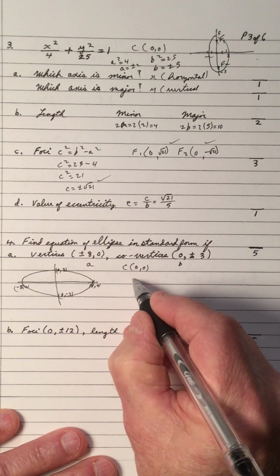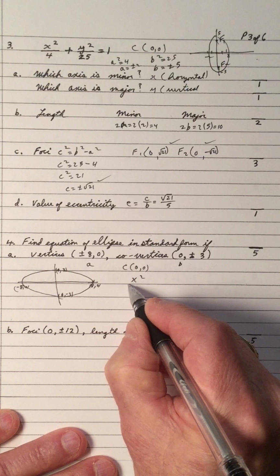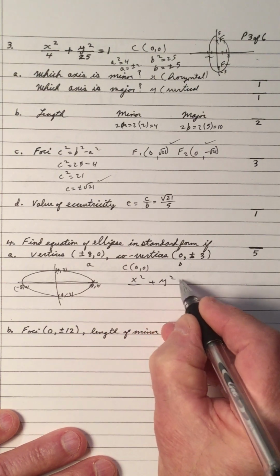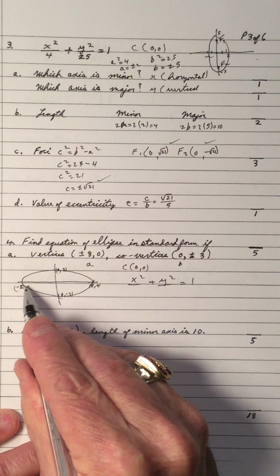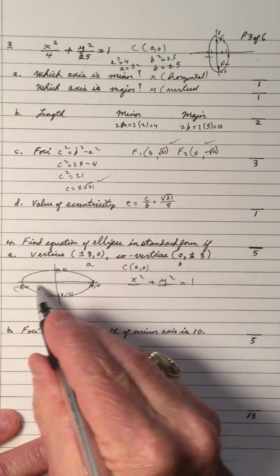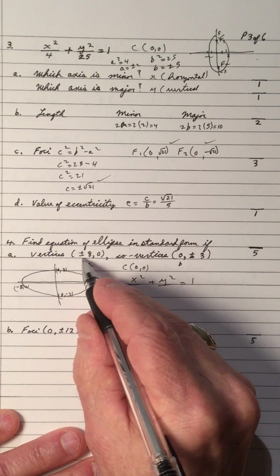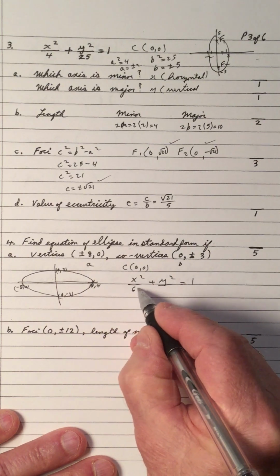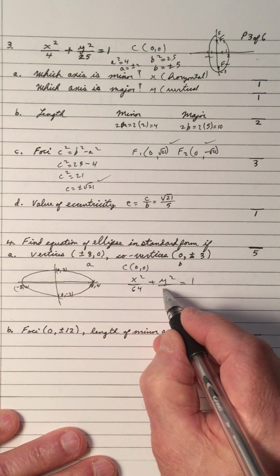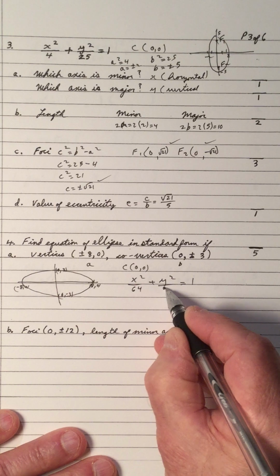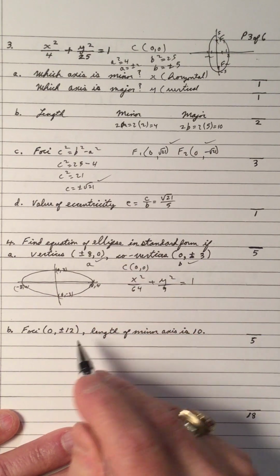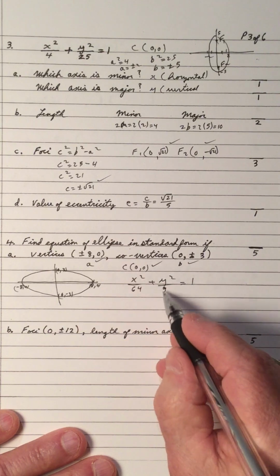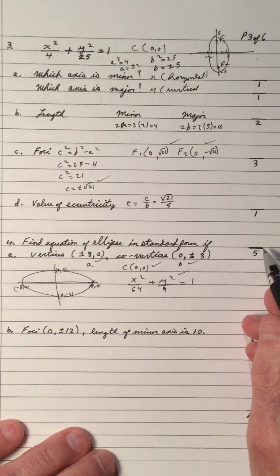And so with center (0, 0), we have x squared over a squared plus y squared over b squared equals 1. The a squared is 8 squared, which is 64, and b is 3, so b squared is 9. So we have a is 8, b is 3, center (0, 0), and you have this equation, 5 marks in total.